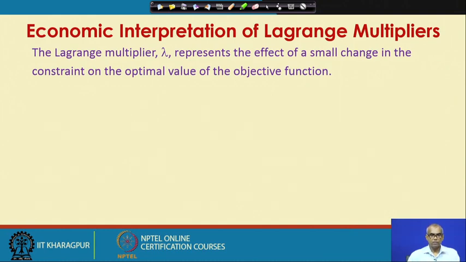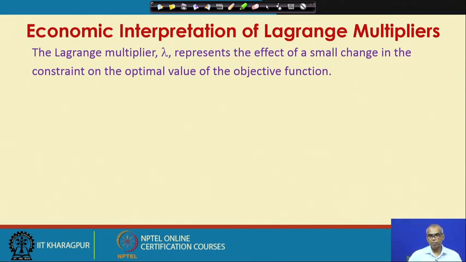So finally, we will give a brief introduction to the economic interpretation of Lagrange multipliers. The Lagrange multiplier represents the effect of a small change in the constraint on the optimal value of the objective function.